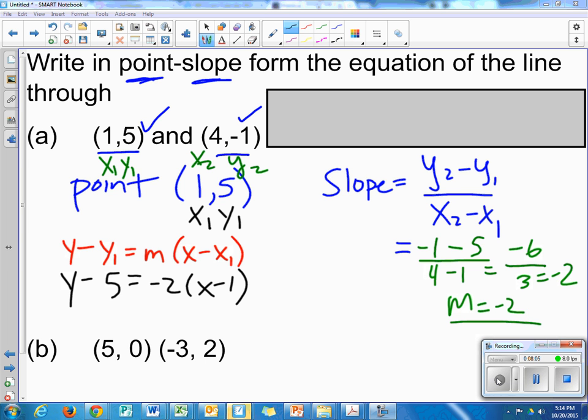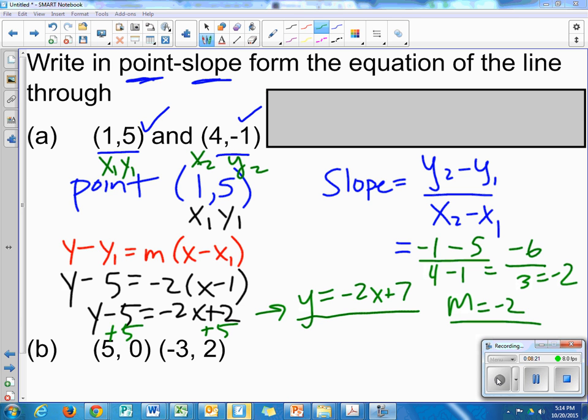But in this case, we can leave it like this, or we can do y minus 5 equals -2x plus 2, and then bring the 5 onto the other side. Add 5, so now we get y equals -2x plus 7. Go ahead and give this a shot, class, and try your best to practice that one as well.